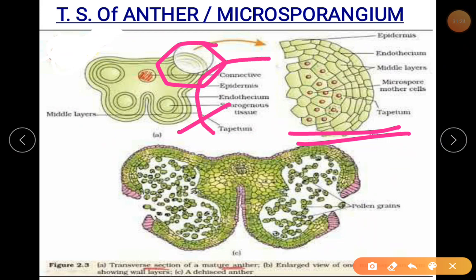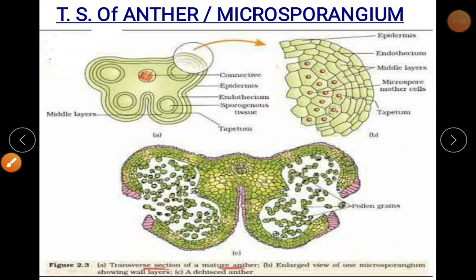Remember, whatever labelings you find here, make sure you write them in capital letters. Let it be in pen or pencil, it doesn't matter. Keep the diagram in pencil. Labeling may be pen or pencil for the exam. For lab records, it is only pure pencil. You all know already.